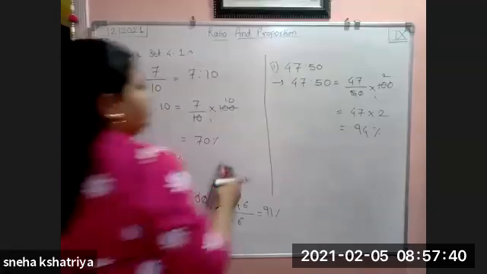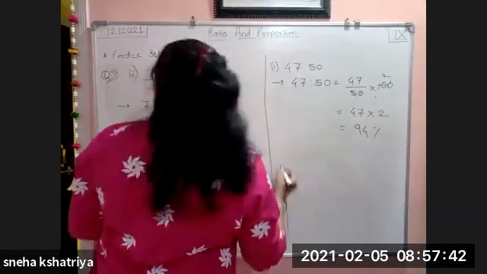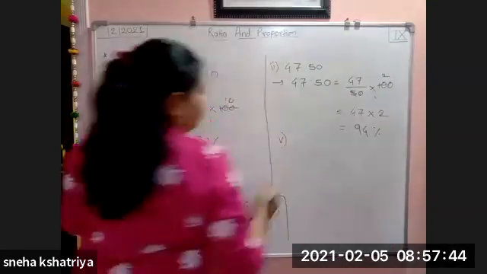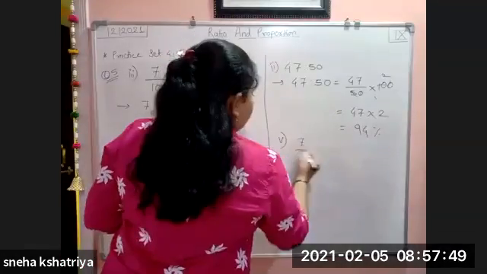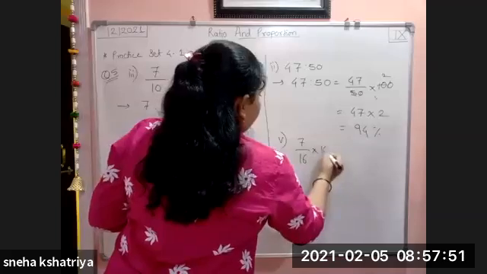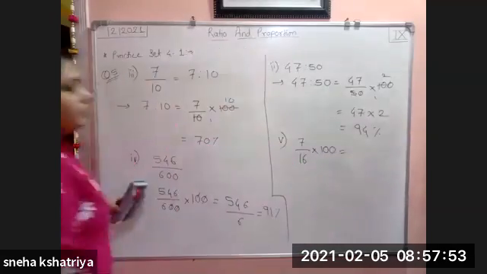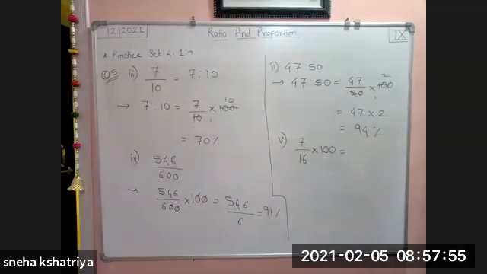And the last one, I'll write it here. Fifth, that is 7 upon 16. 7 divided by 16, simple, multiplied by 100. So here you have to either divide by 2 because 16 and 100 both are even numbers, or you can divide by 4 also because in 4's table 100 comes.